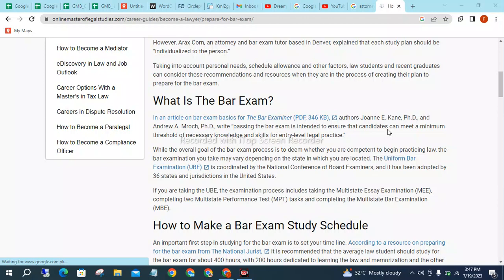If you are taking the UBE, the examination process includes taking the Multistate Essay Examination, MEE, completing two Multistate Performance Test, MPT, tasks, and completing the Multistate Bar Examination.